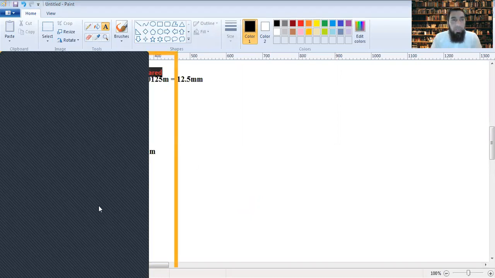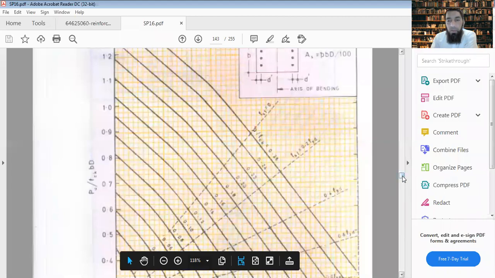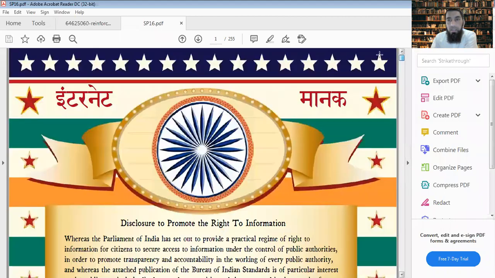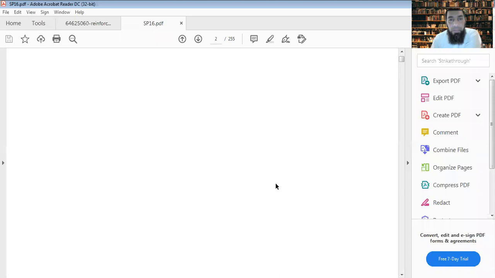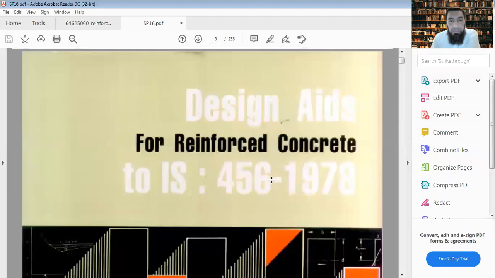Let me open SP16. Now, this is SP16. This is the design aid for reinforced concrete to IS 456.